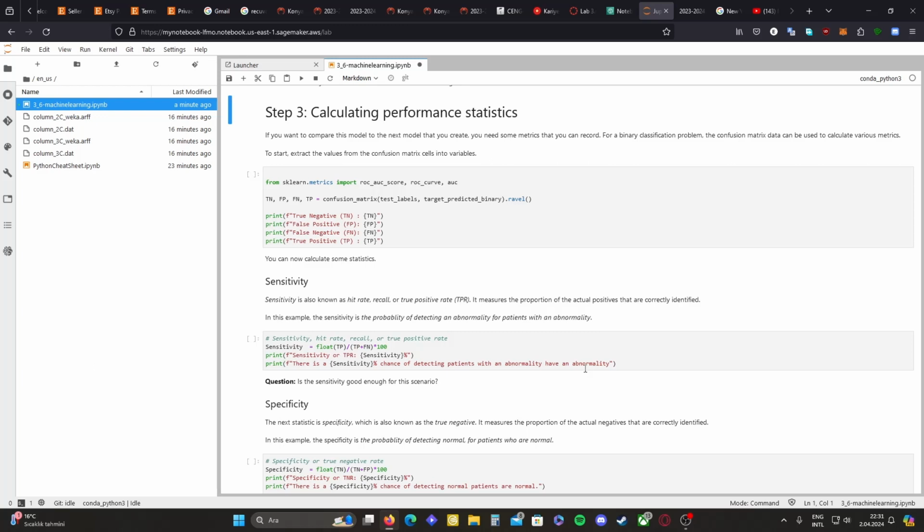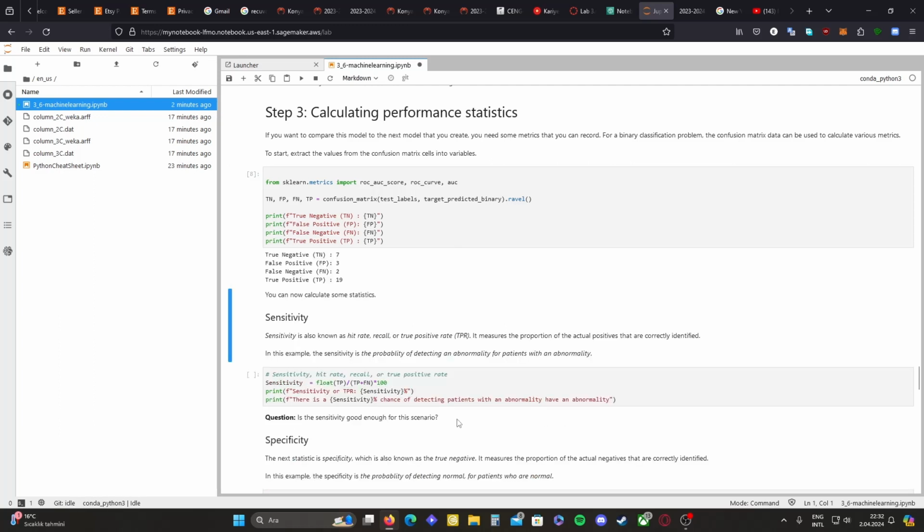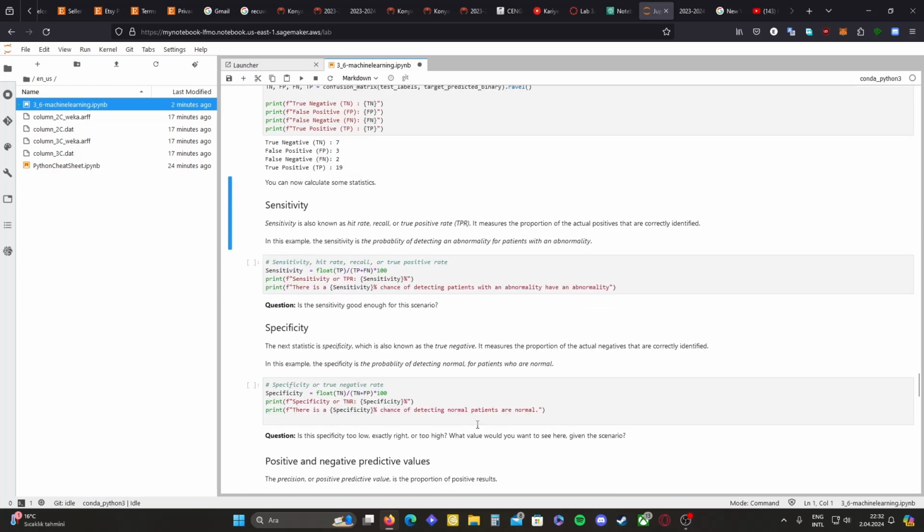To start, extract the values from the confusion matrix cells into variables. We use the sklearn.metrics library and import roc_auc_score and roc_curve, and after running this we can calculate some statistics.